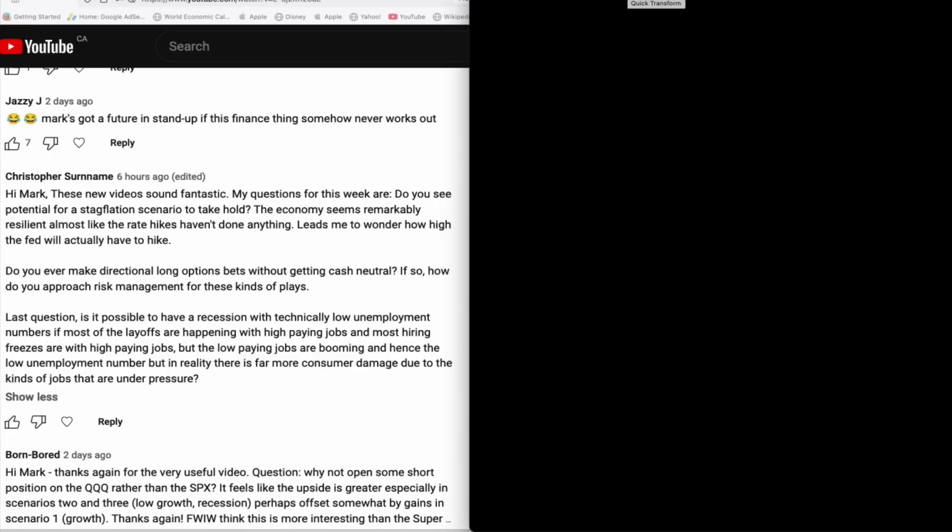Stagflation would mean that we have very low growth. That is the stagnant part of stagflation, and that we have inflation. I think if we stay at low growth, we could avoid the inflation part. But as soon as you get any acceleration of growth, with the labor market as tight as it is, it's hard to see how you couldn't get inflation.